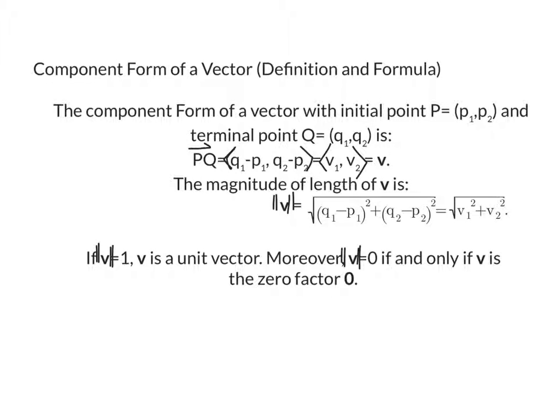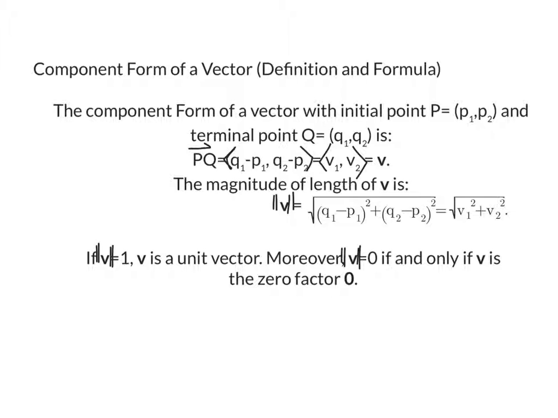The component form of a vector's definition and formula is that the component form of a vector with initial point P given as (P1, P2) and the terminal point Q given as (Q1, Q2) is the directed line segment PQ equals ⟨Q1 minus P1, Q2 minus P2⟩, which would give you ⟨v1, v2⟩, which is a vector.